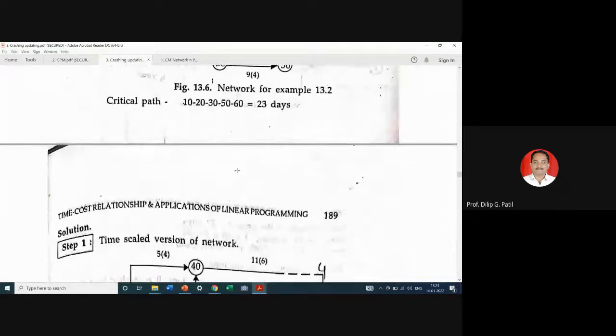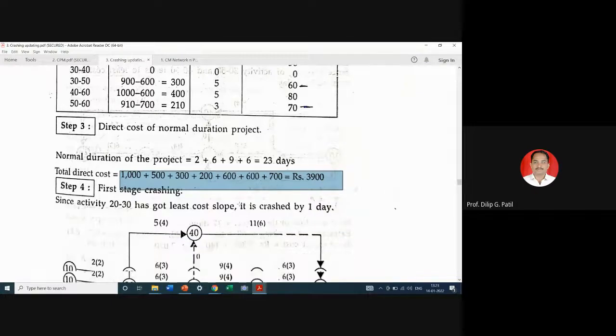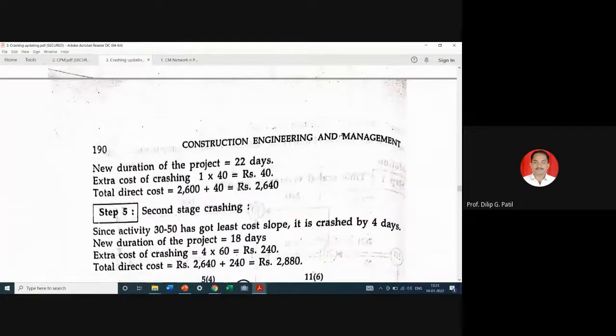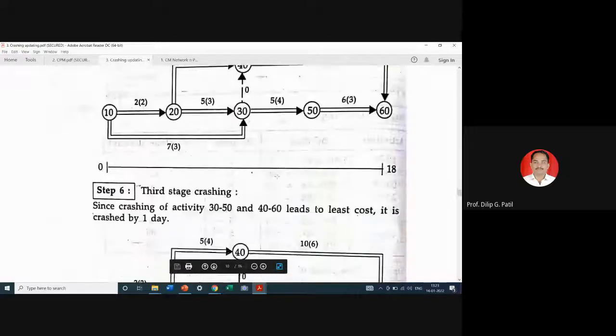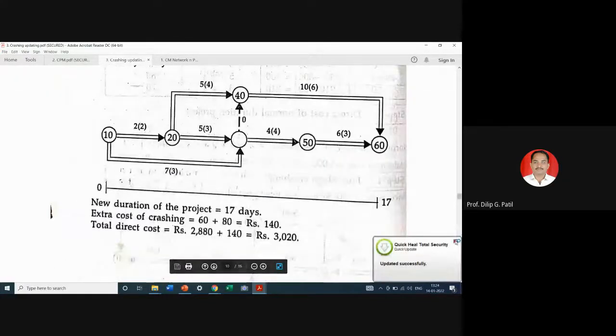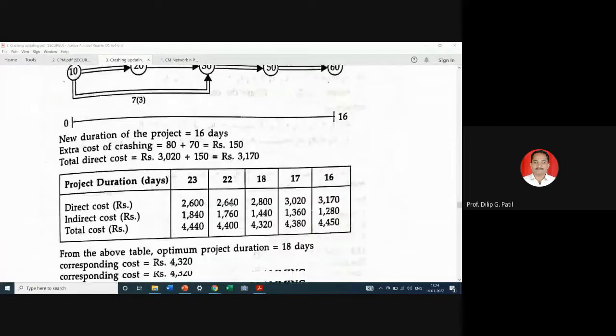The total direct cost of the project is 3,900, but they have taken it here as different, 2,600. So there is little mismatch between the given values. It will take little more time to solve this complete numerical. Step by step, we can understand how to crash each critical activity, and we have to add extra cost of crashing.